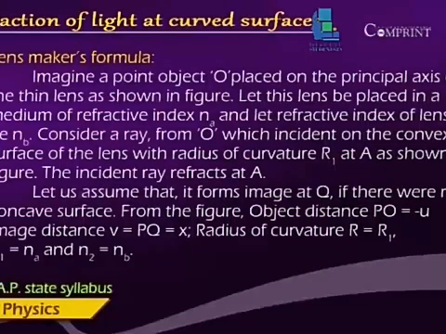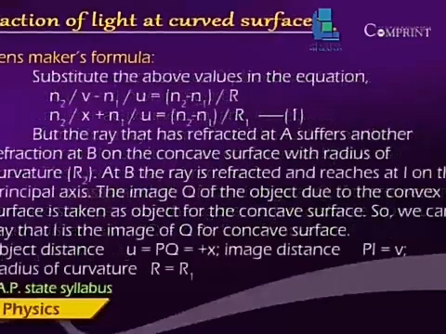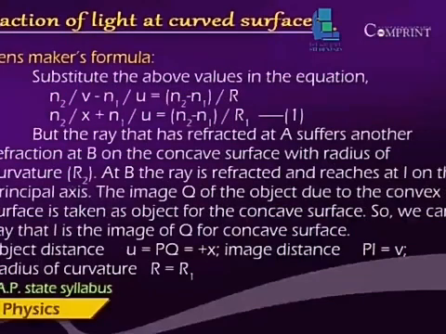N1 is equal to na and N2 is equal to nb. Substitute the above values in the equation N2 by v minus N1 by u is equal to N2 minus N1 by R. Implies N2 by x plus N1 by u is equal to N2 minus N1 by R1, equation 1.